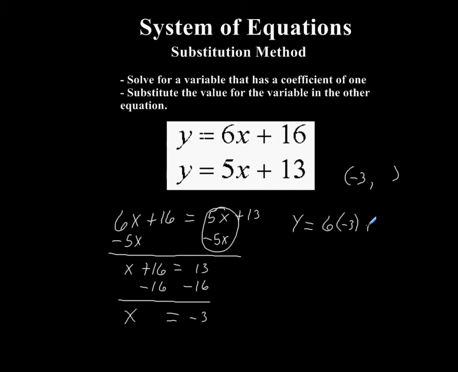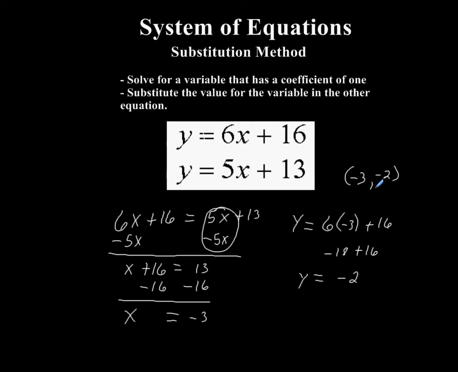Now finish up the equation, plus 16. So 6 times negative 3 is negative 18, plus 16. Add those together, you get negative 2 is equal to y. So then my ordered pair is negative 3, negative 2. My x is negative 3, my y is negative 2.